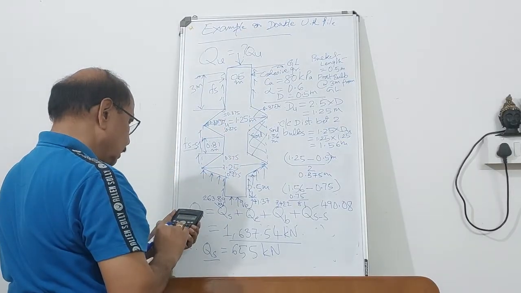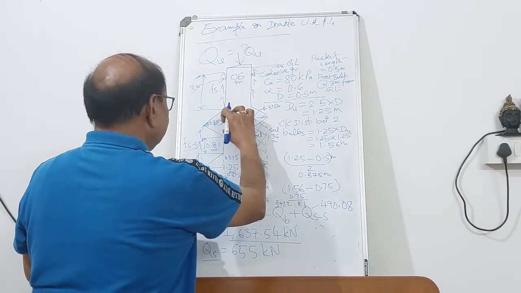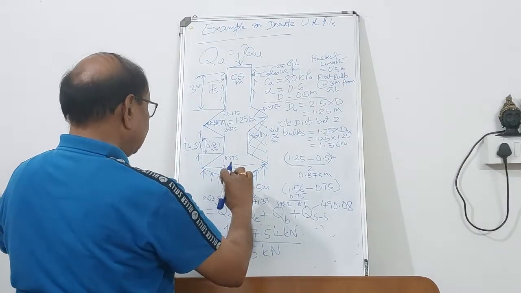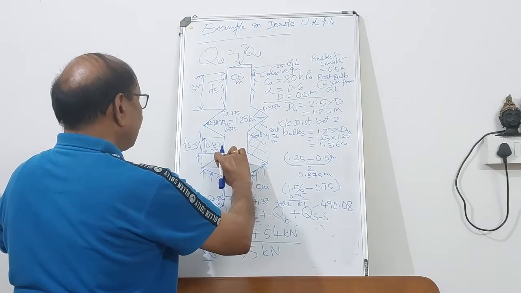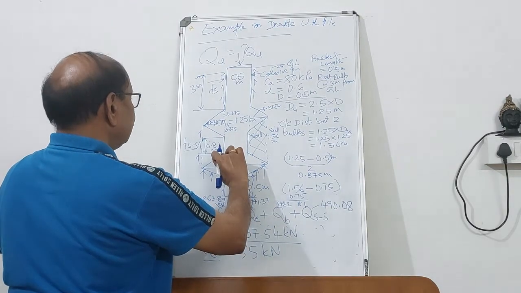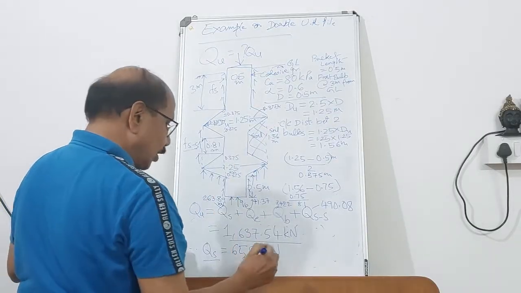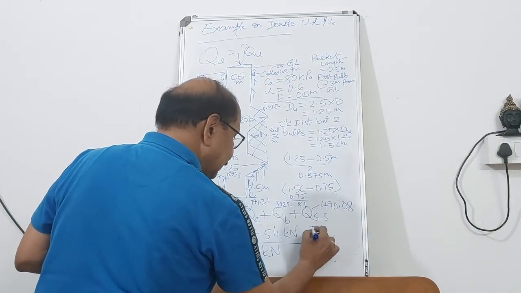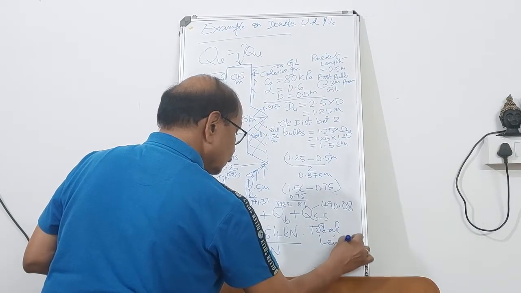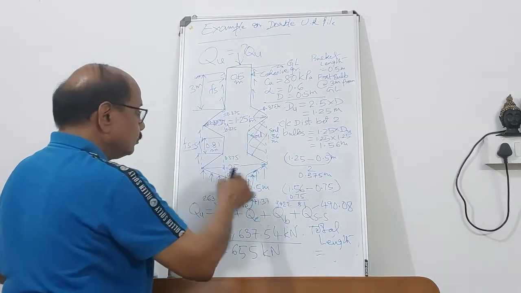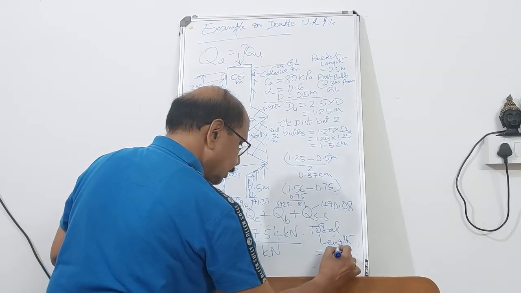Let us calculate. 3 plus 0.75, and 0.75, so 1.5, so 4.5 plus 0.5, 5.81. The total length including all comes to be 5.81 meter.